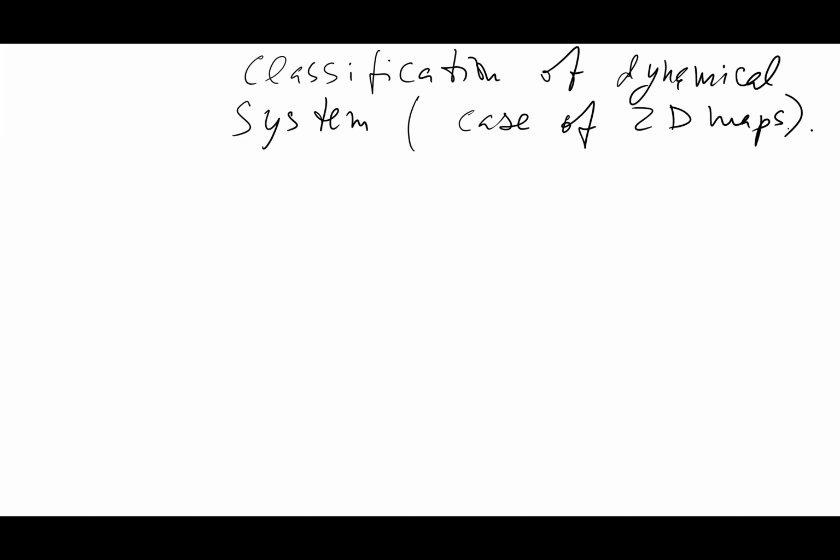What we found in the last lecture when we were considering Henon's map is that in 2D maps we can have chaotic regimes.